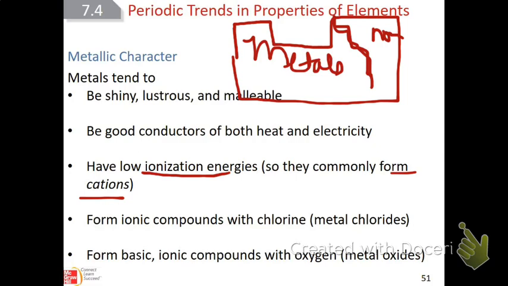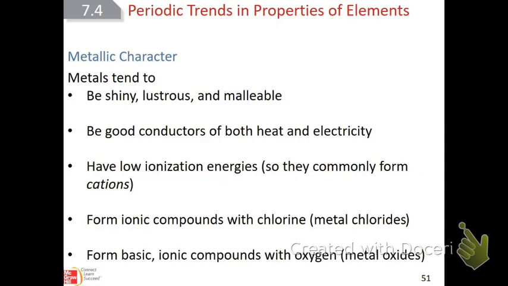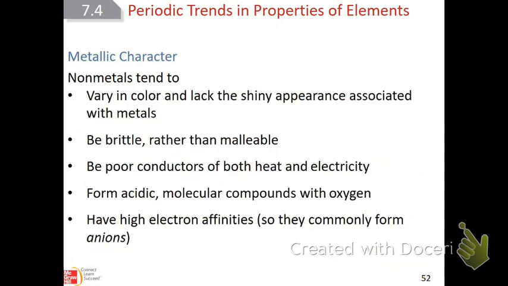So they do tend to form metal chlorides like sodium chloride, magnesium chloride, strontium chloride. We've named several of these. And they also tend to form what are called metal oxides. And these are quite important in industry. You're going to have some questions on that on your homework quiz.